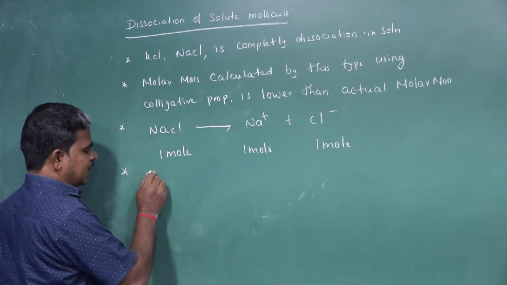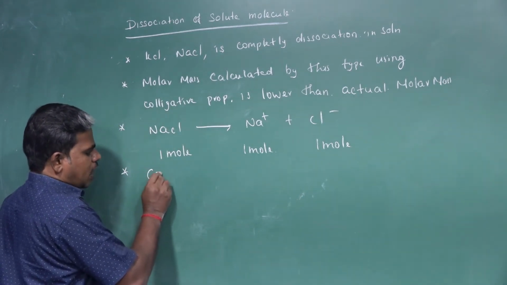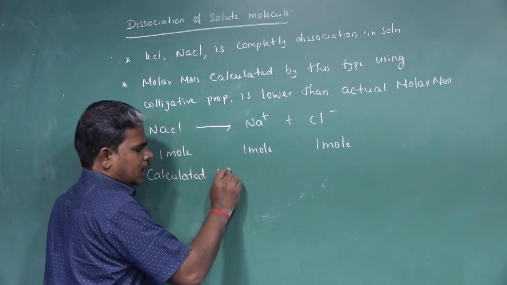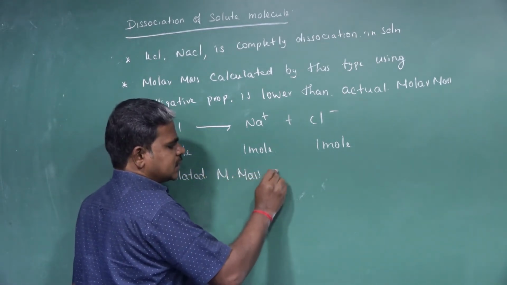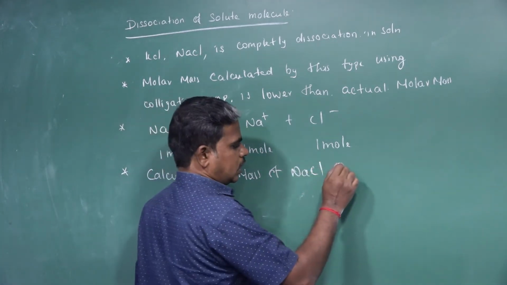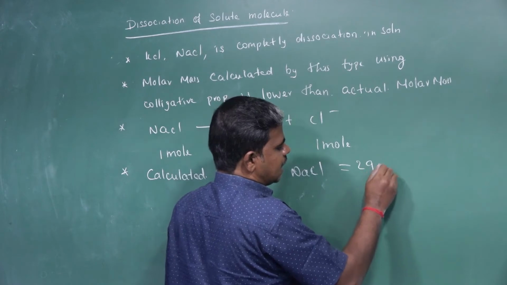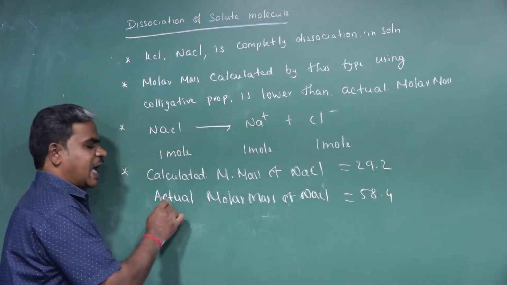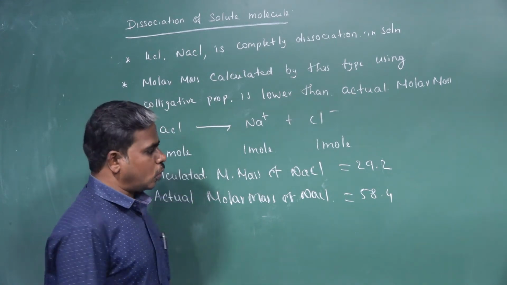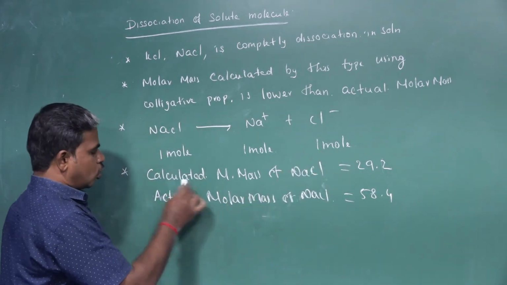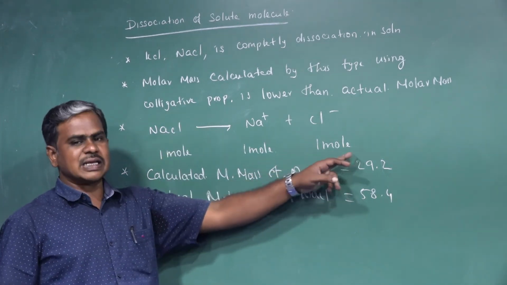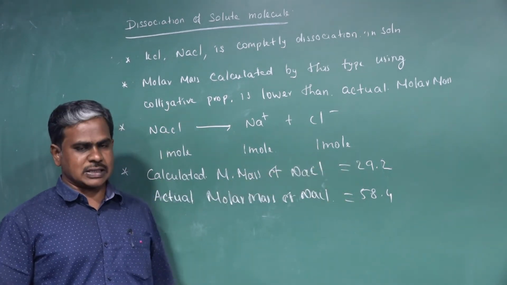So if we take that the calculated molar mass of NaCl using colligative property is 29.2 and the actual molar mass of NaCl is 58.4, it has decreased. So the calculated molar mass using colligative property will decrease compared to the actual molar mass.